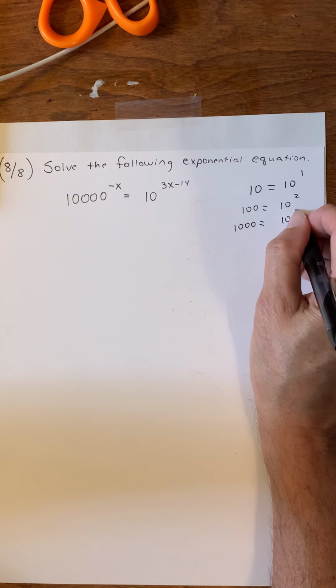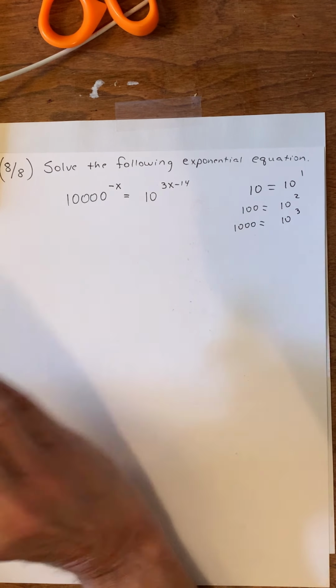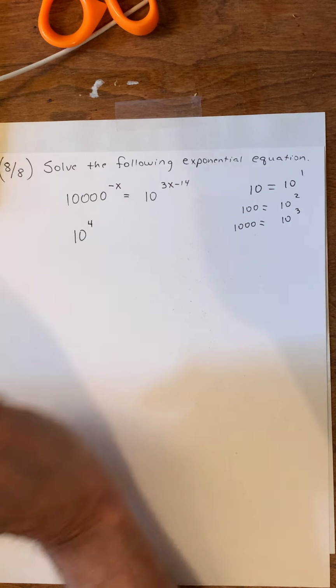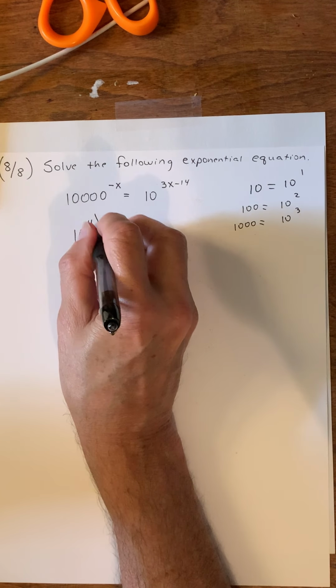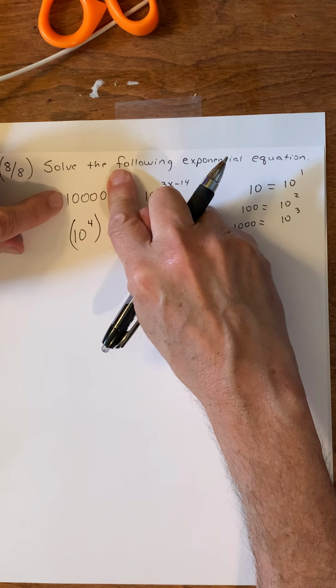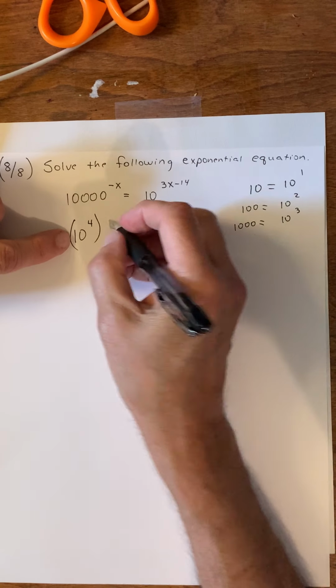That's the same as 10 to the 3rd power. Hey, in my expression, 1, 2, 3, I got 4 zeros. This is the same as 10 to the 4th power. So I just substituted for the 10,000. That's 10 to the 4th. Don't forget, that's taken to the -x power.